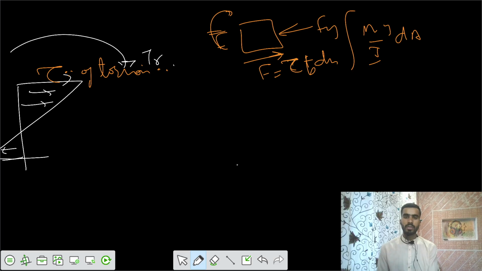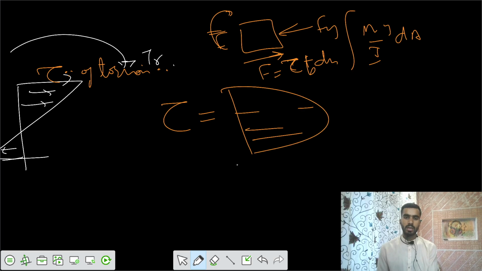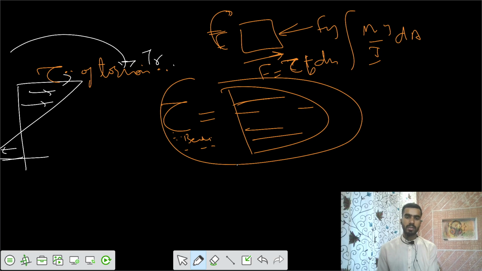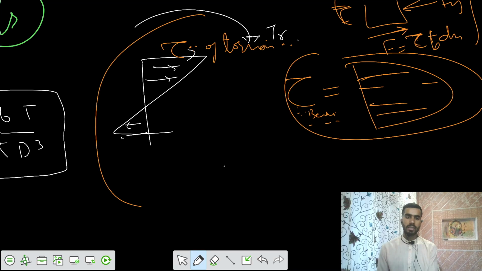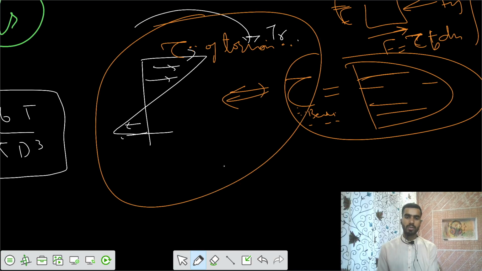So there was some shear stress, and we said that the shear stress variation is a parabolic variation. So this was because of bending forces, or we can say because of transverse shear. So the shear stress variation here is parabolic, and because of torsion we have a shear stress variation that's linear. So keep that also in mind.